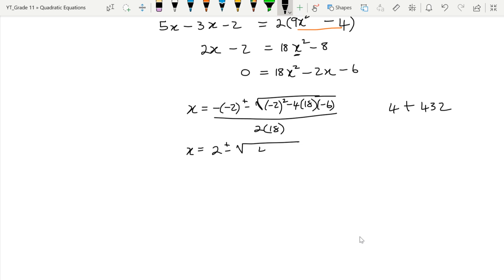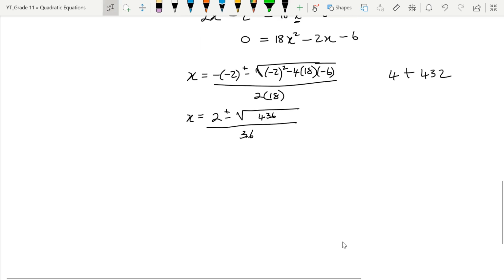So if we add that, that would be 436, and that will be over 2 times 18, which would be 36. And then obviously if we simplify that a little bit further, we will get to our two solutions.